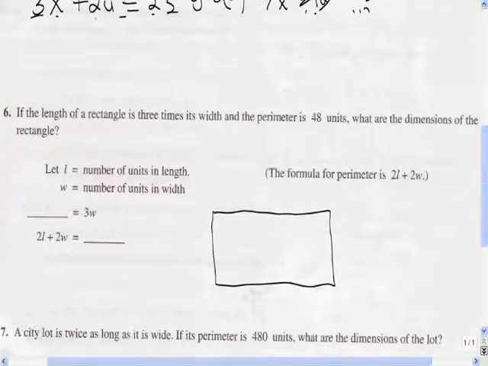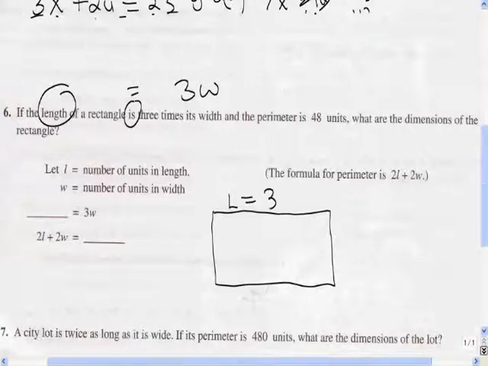So they tell me the length of the rectangle is 3 times its width. So the length is here, right? They tell me length equals, because remember "is" means equals, length equals 3 times its width. So L equals 3W, and the perimeter is 48. So P equals 48.